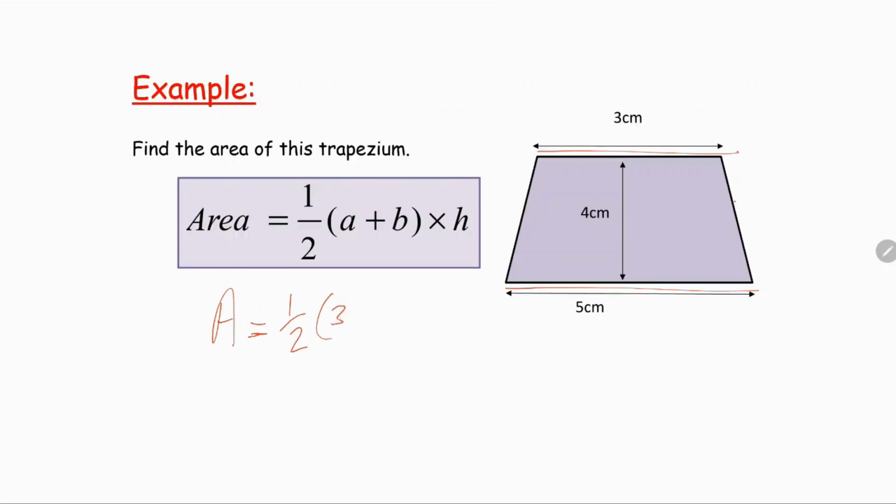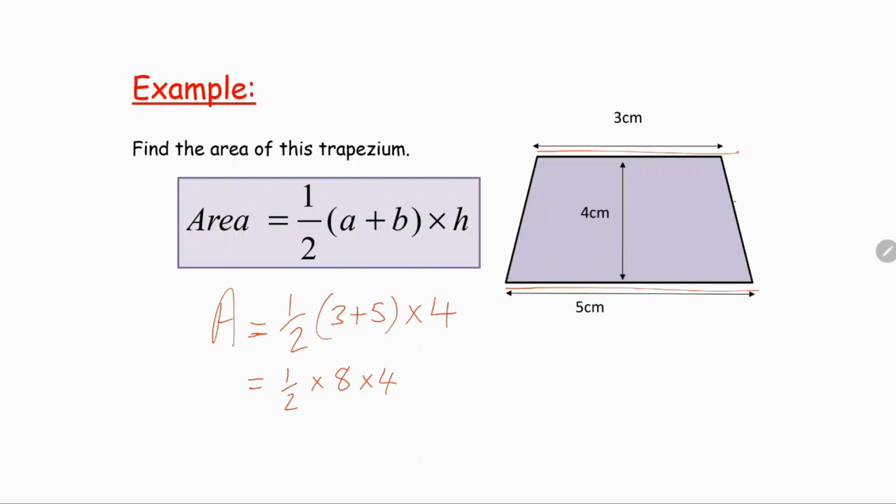So we're going to write it here: 3 plus 5 times the height. We said the height is the distance between the parallel lines, which is 4. The order of operations is that we're going to do the brackets first. So we do half. 3 plus 5 is 8 times 4.